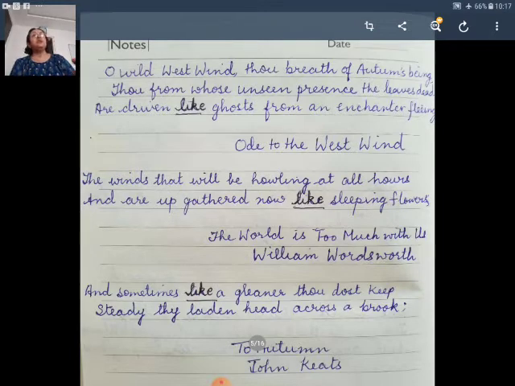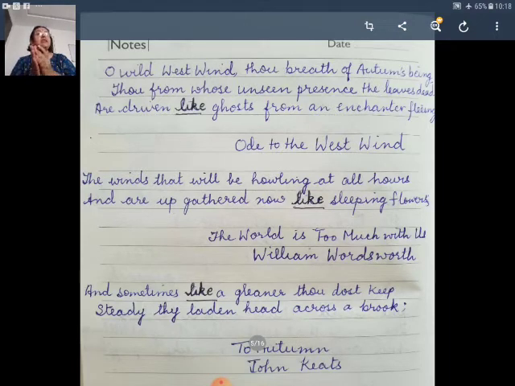Now please understand, students: O wild West Wind, thou breath of Autumn's being, thou from whose unseen presence the leaves dead are driven, like ghosts from an enchanter fleeing. When we start Ode to the West Wind, the west wind is seen as a person, and the dead leaves of the trees are driven like ghosts.